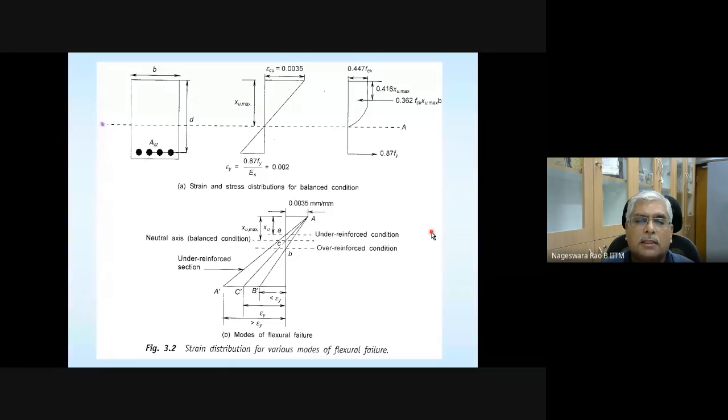Any questions? Please take a note of this figure, because subsequent derivations or equations I am going to show are going to be based on this. Okay, please take a note of this figure.